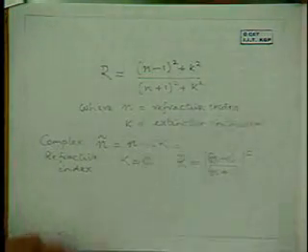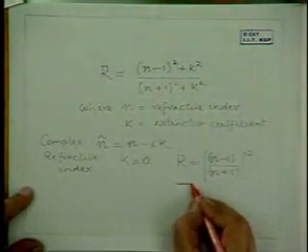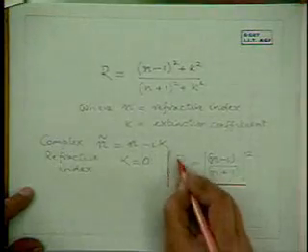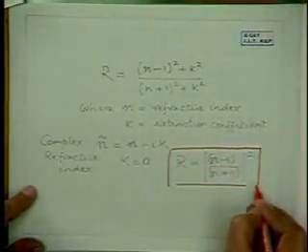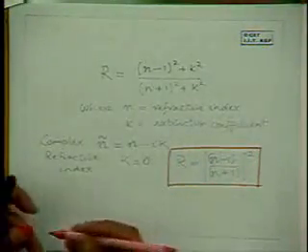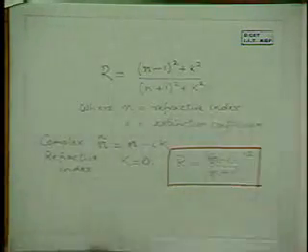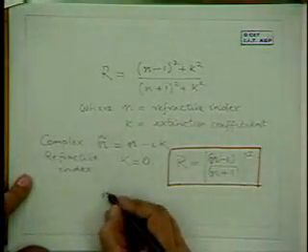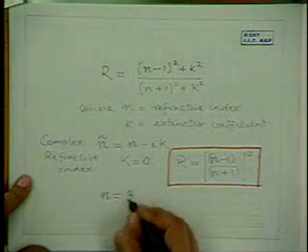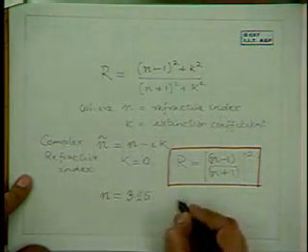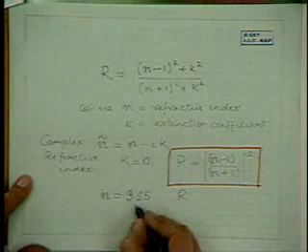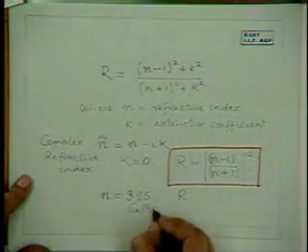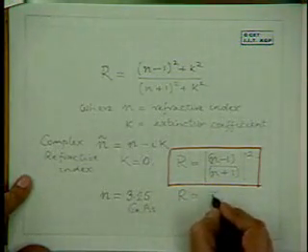This is a very important relation, which tells us that for n equal to, say, 3.25, as in the case of gallium arsenide, R is almost 30%.